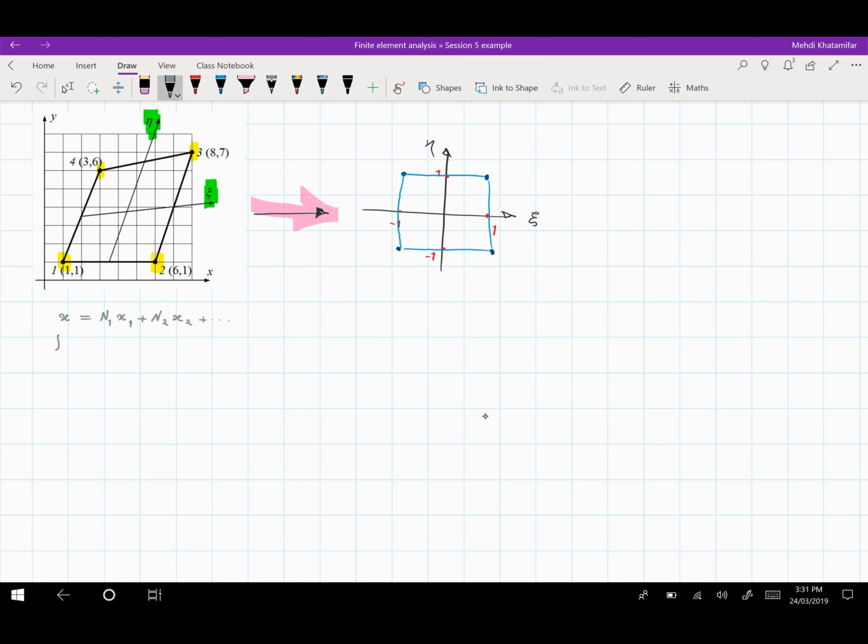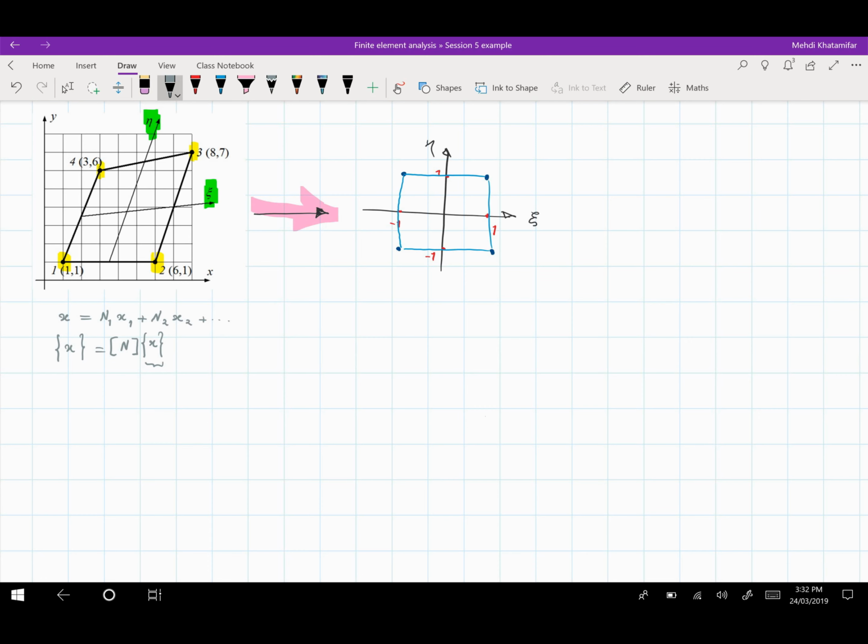And the general formula for x was, if you want to find any x or y, you need to multiply the n matrix by the x matrix, which is going to be the nodal values, or the dimensional values, and then we can find any other x inside.